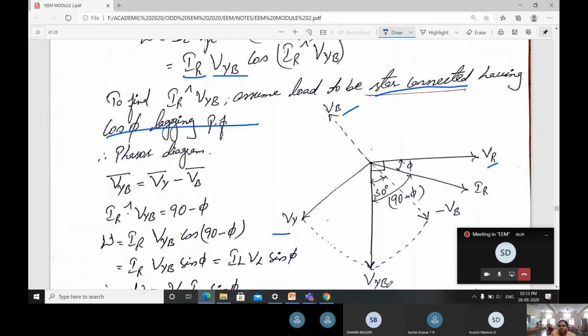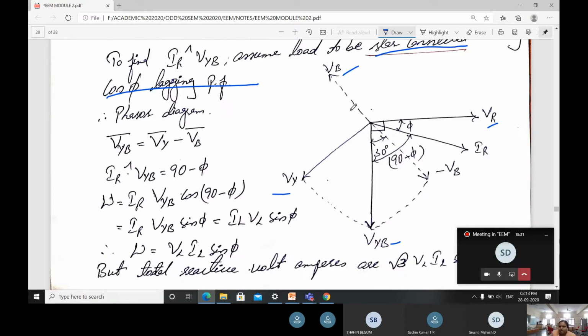This is your VYB, and the negative of this is taken as VY minus VB, and the current is taken as IR. This angle is 90 degrees. The angle between IR and VYB is 90 minus phi. And the angle between VR and IR is phi.